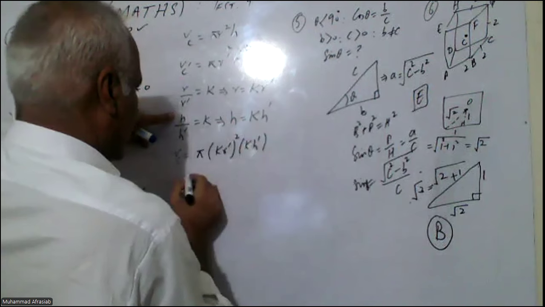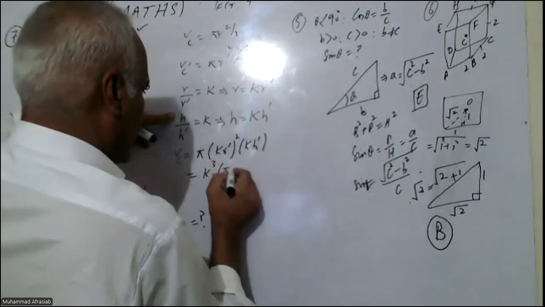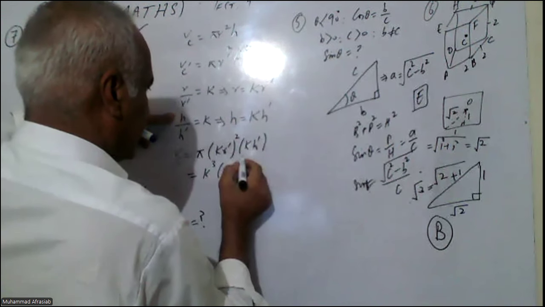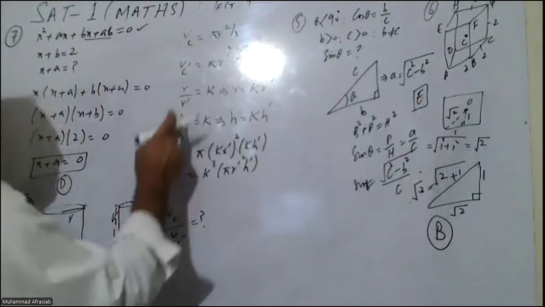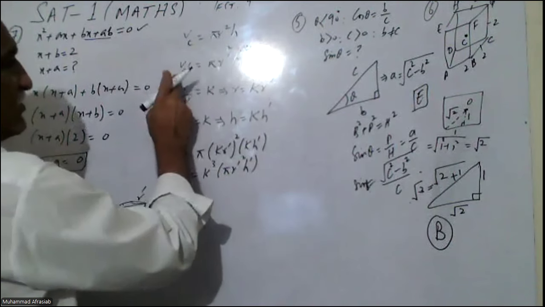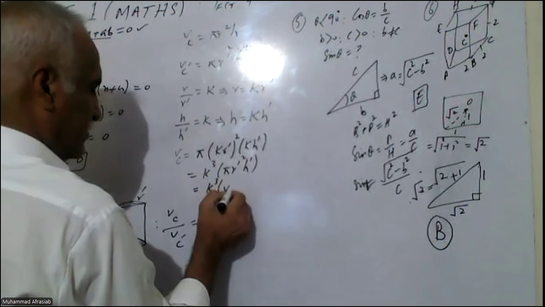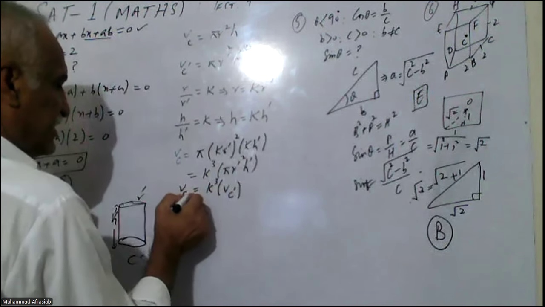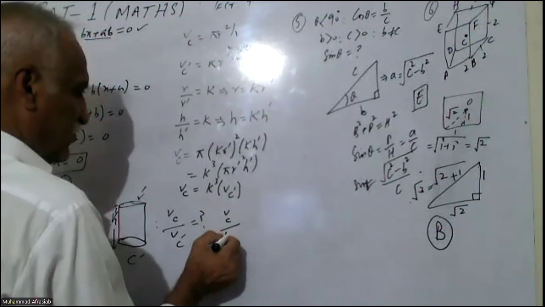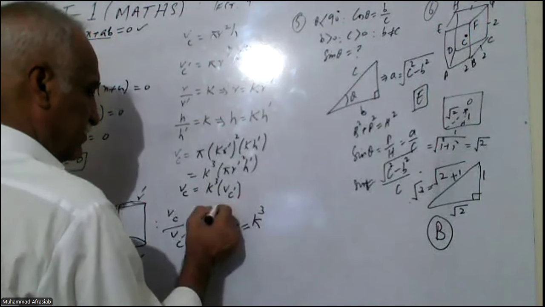So that thing is equal to K cube pi R dash square into H dash. But this thing is equal to volume of C dash. So volume of C over volume of C dash is equal to K cube.